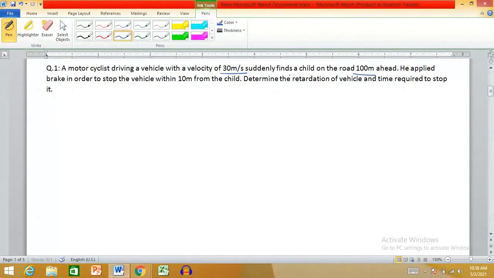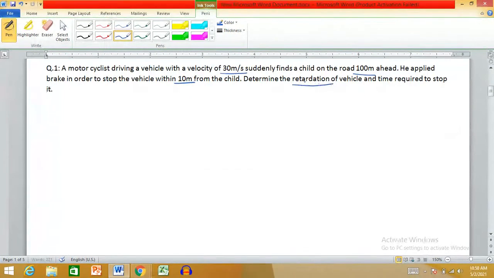He applied brake in order to stop the vehicle within 10 meter from the child. Determine the retardation of the vehicle and the time required to stop it.